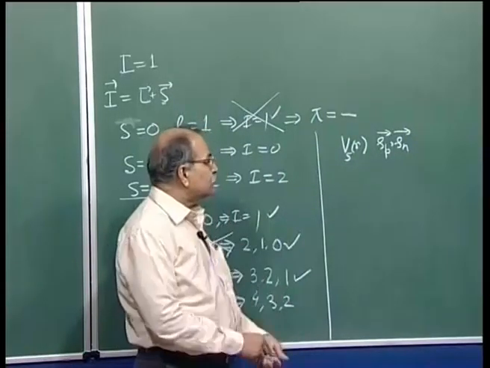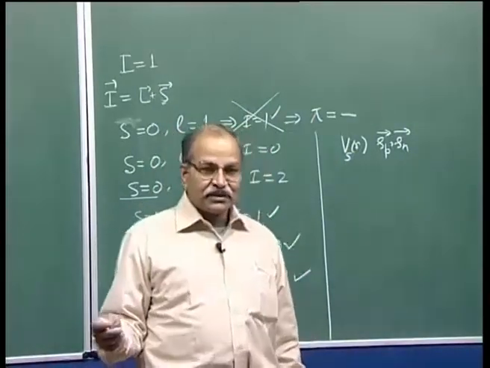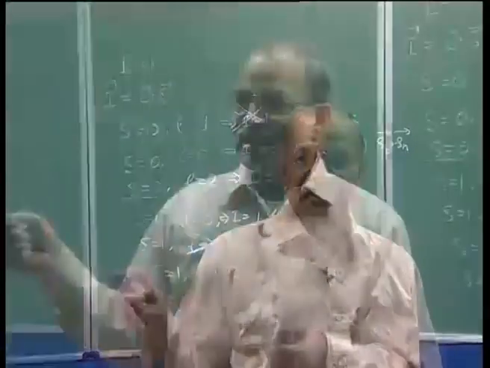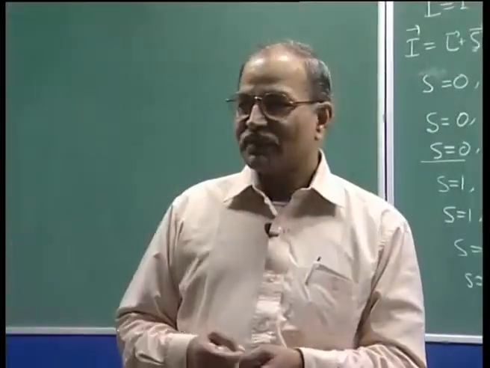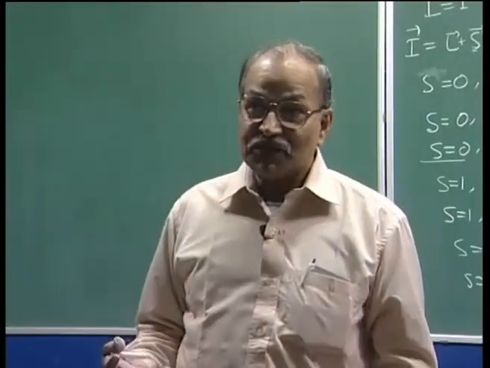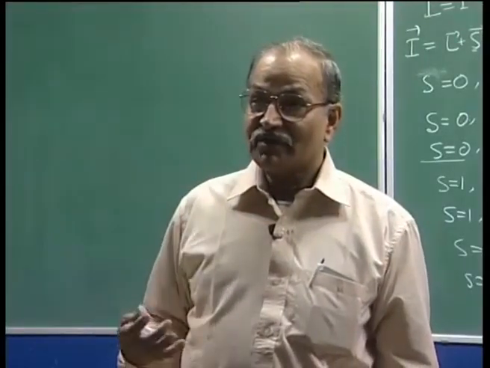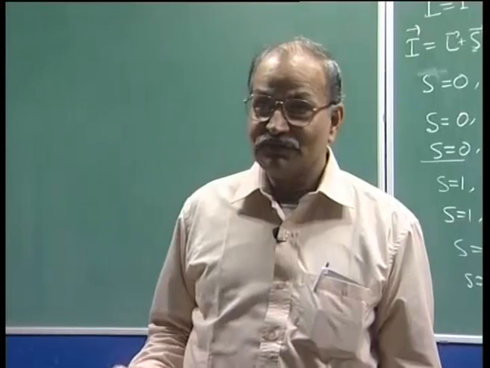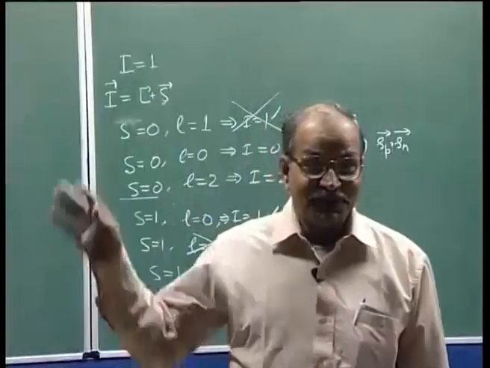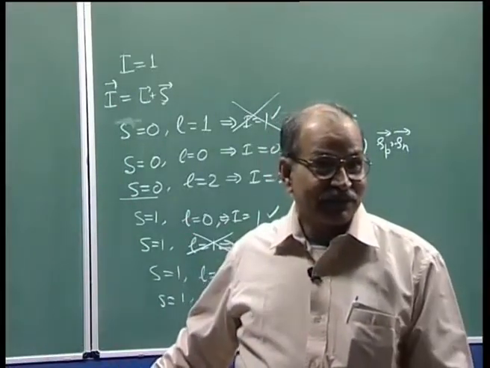How does that make a difference? Now, what is your observation? Suppose the Hamiltonian is different, the interaction potential is different for capital S equal to 1 and capital S equal to 0, it is spin dependent. So, in which case will it be more attractive, capital S equal to 1 or capital S equal to 0? From the observations that we have done here, you can answer this question.